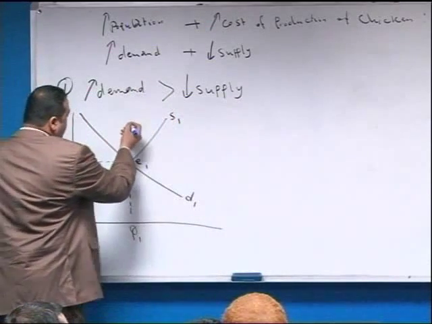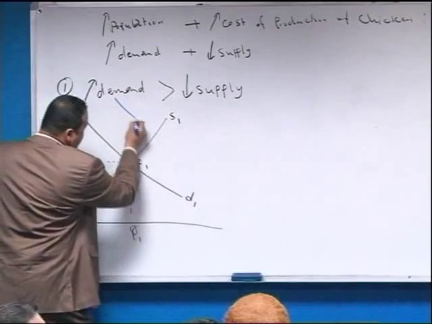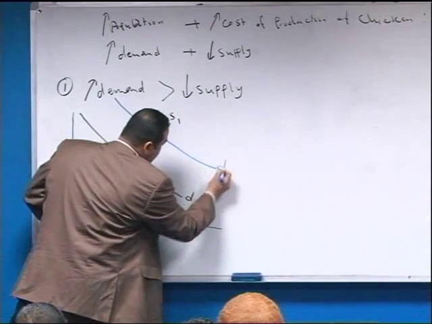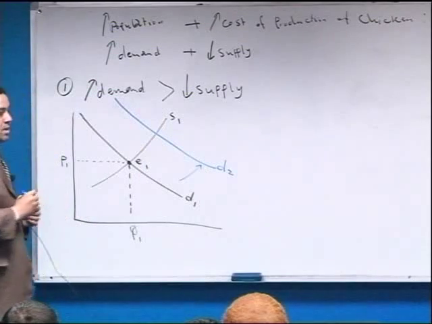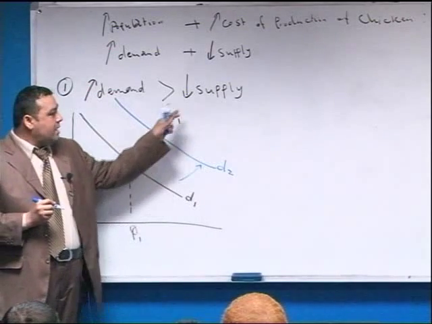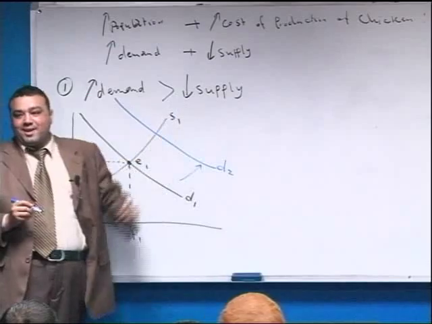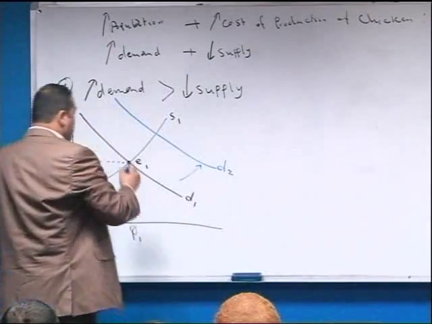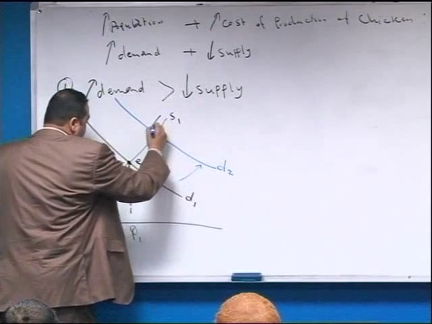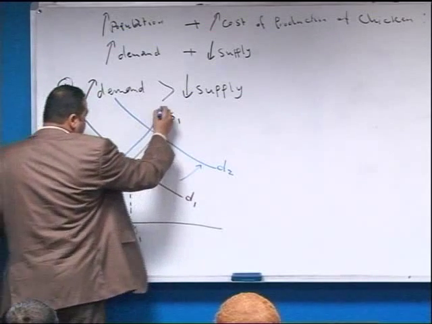So we have a rightward shift of the demand curve to D2. At the same time, we have a leftward shift of the supply curve by a smaller amount, to S2.